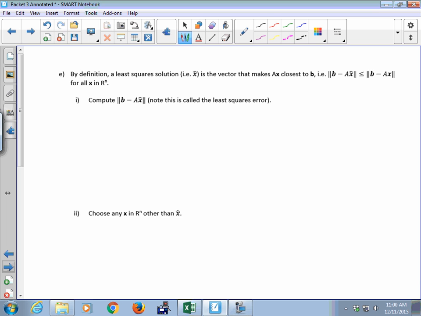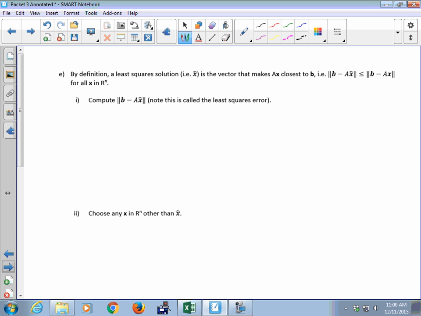By definition, a least squares solution, that's x hat, is the vector that makes Ax closest to b. So the distance b minus Ax hat should be less than or equal to b minus Ax for any other x in Rn. So let's compute the length of b minus Ax hat.